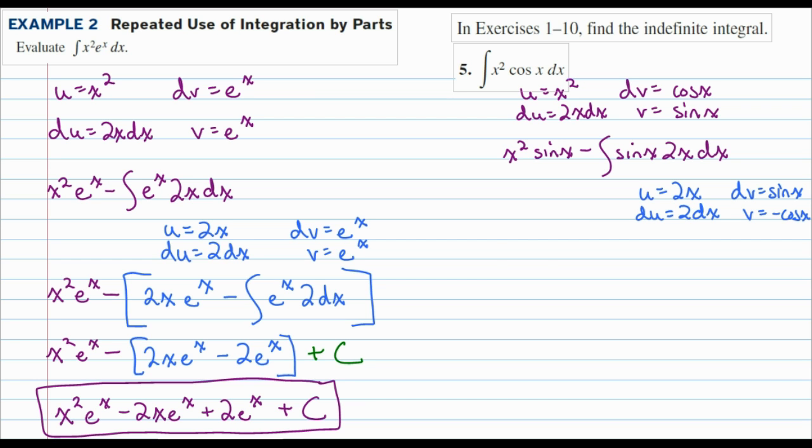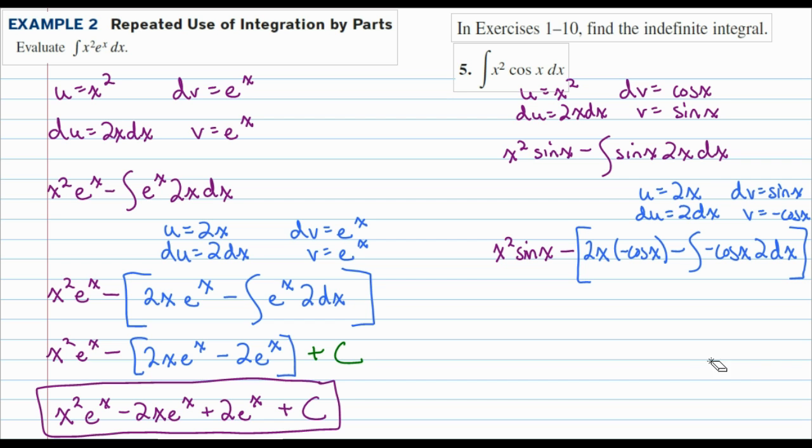So I have x squared sine of x minus the integration by parts that I'm going to do for this antiderivative piece here. This came from the first integration by parts. Now I'm going to break down a second integration by parts: my new u times my new v minus the antiderivative of v again times du.